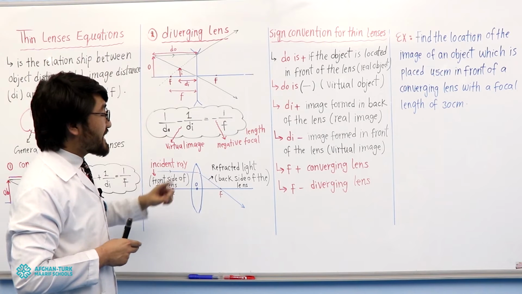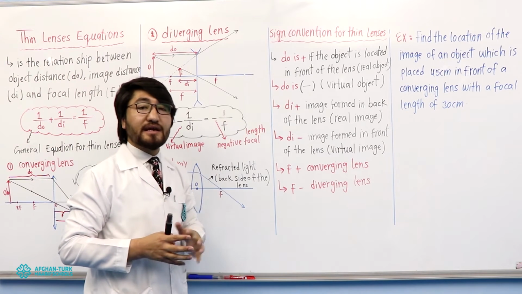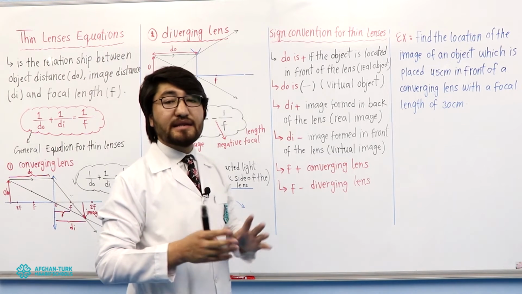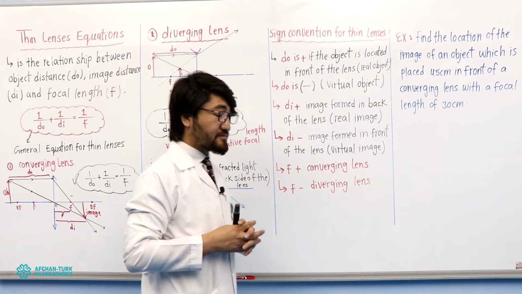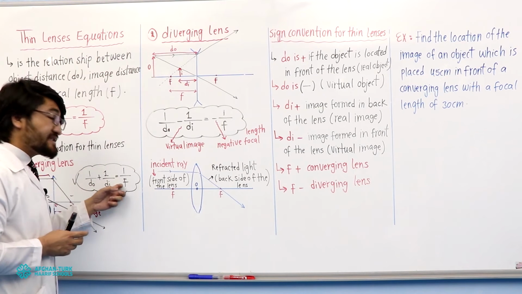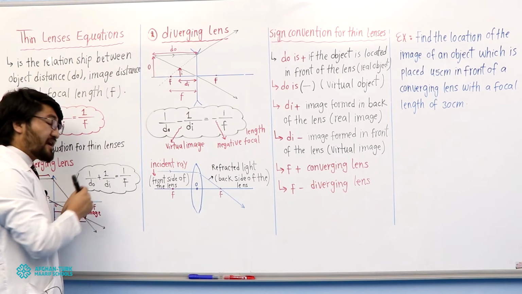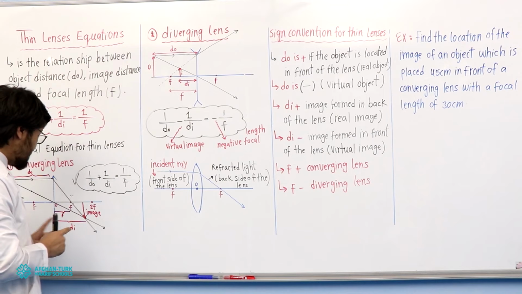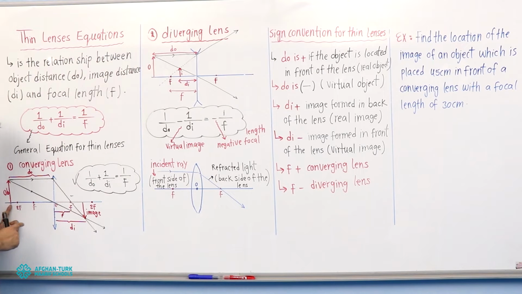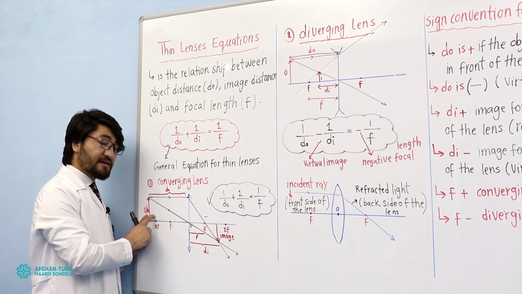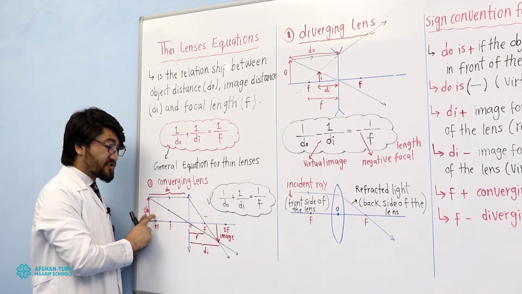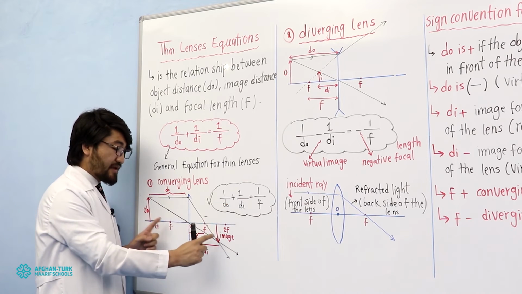And also you know that a diverging lens has negative focal length. And also in this equation, all signs are positive. You see? The object in front of the lens is real, is positive.